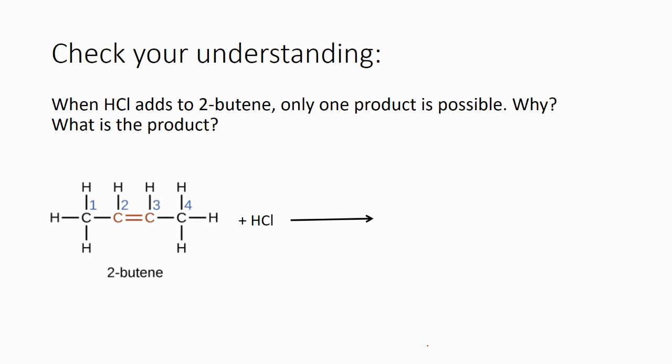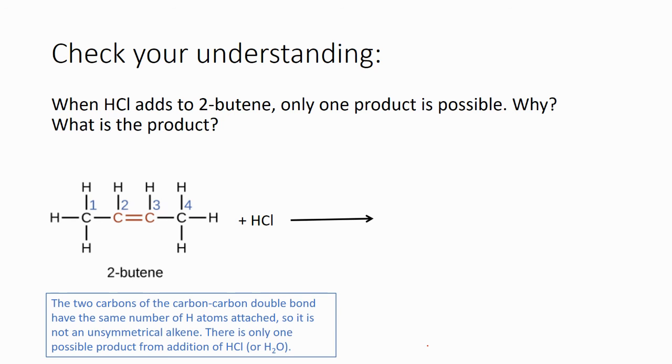Good to have you back from the pause. Okay, so the two carbons of the carbon-carbon double bond have the same number of hydrogens. This carbon 2 has 1 hydrogen, and this carbon here has 1 hydrogen. So they are not unsymmetrical. They're actually symmetrical.